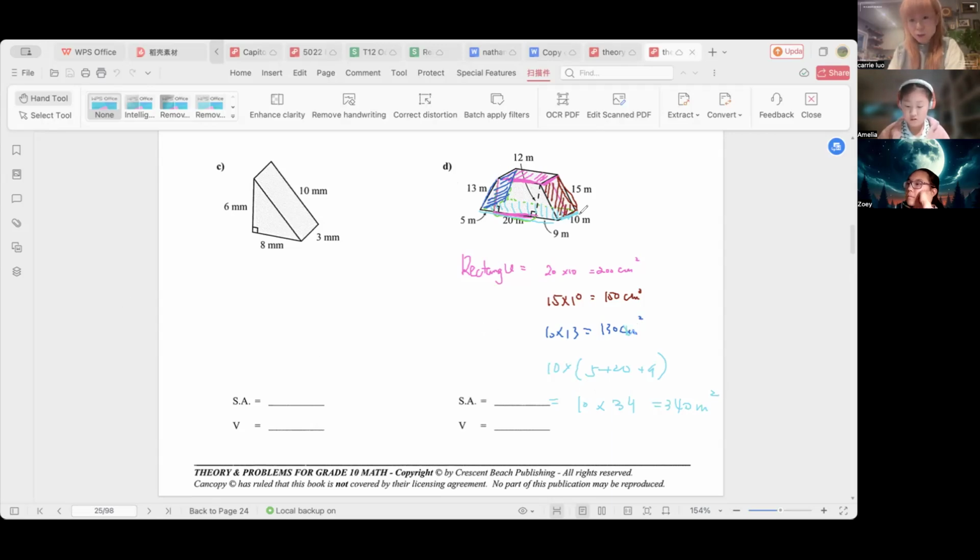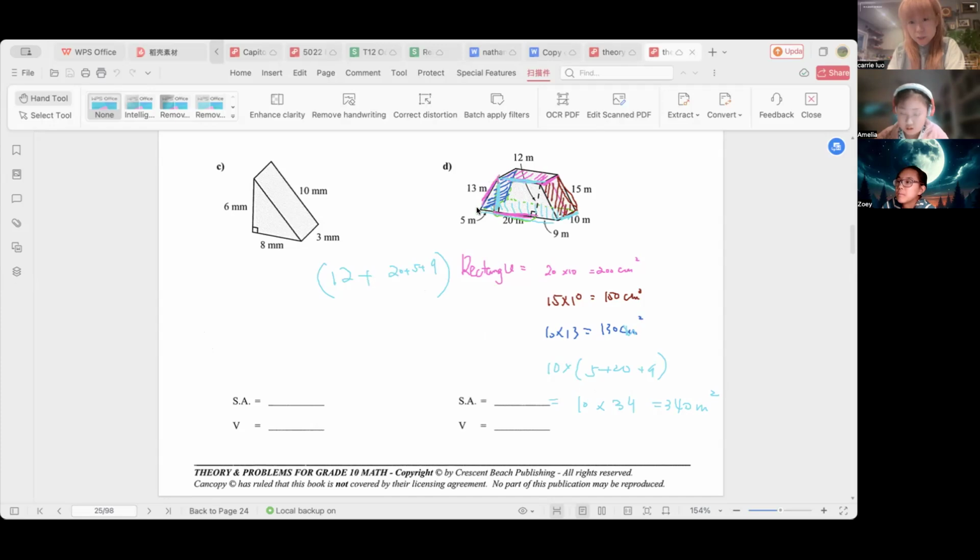This part is the hardest. We know the top line is 12. The bottom line is 20 plus 5 plus 9. But what is the height? How do we calculate the height? We need this height. We know it's the Pythagorean theorem.